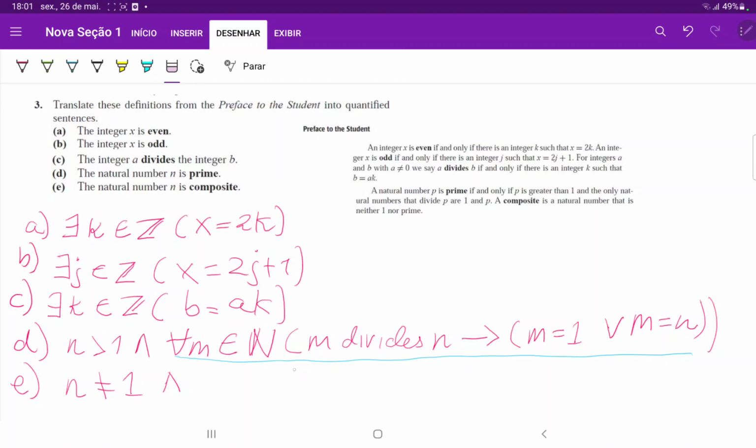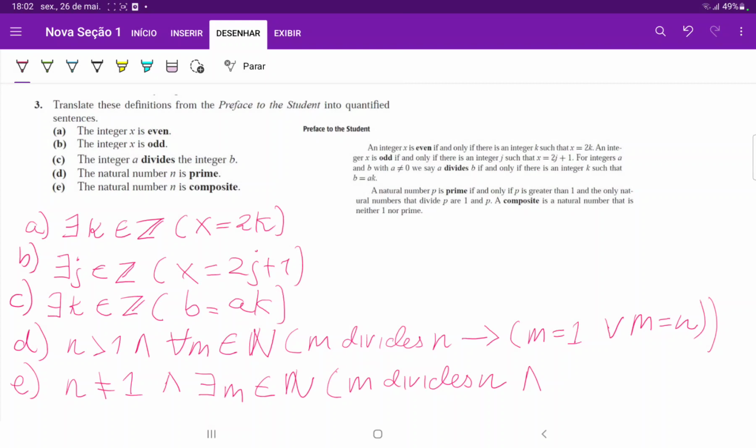So for us to negate it, remember that when we're negating a universal, we're using the existential, right? So we're saying, and there exists an m belonging to the natural numbers, such that m divides n, and because remember that when we're negating a conditional, we're saying p and not q, right?